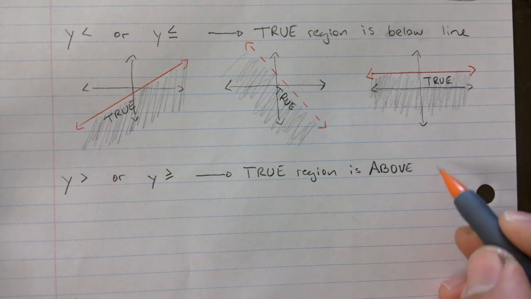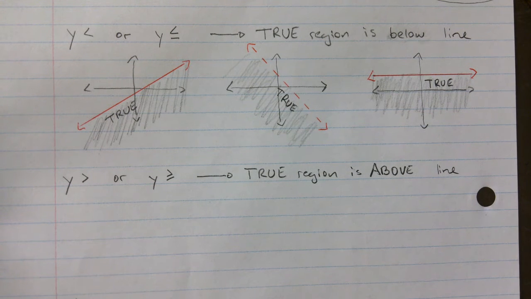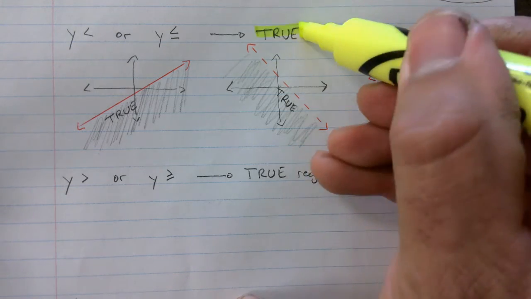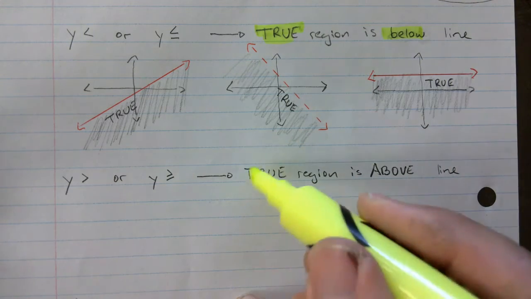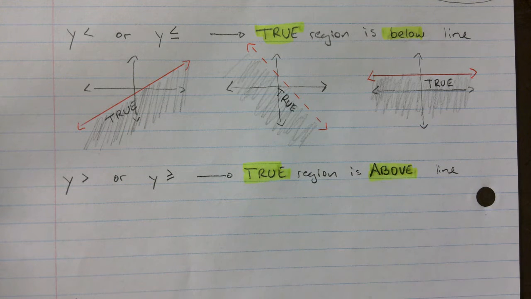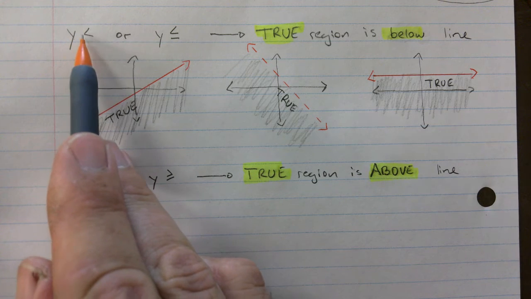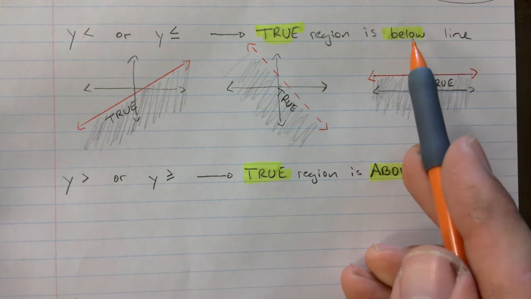True is above line. So I'll say here, true is below, true is above. And think of greater: y is greater, so above. This one, you always read it from left to right. y is less than, so it's below.